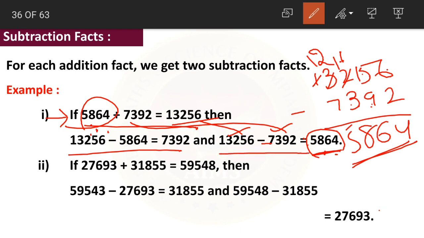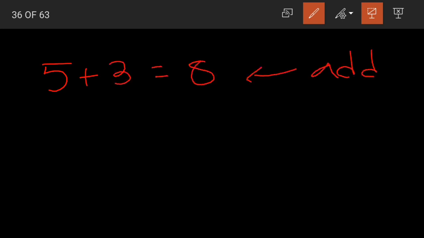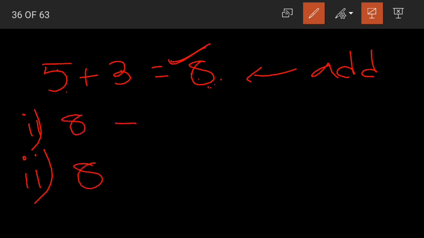Now for this one addition, what did we get? We got two subtractions. Yes, for one addition fact, we got two subtraction facts. See, let me explain this clearly. Now 5 plus 3 is equal to 8. What is this? This is our addition fact. Now we need to write two subtraction facts for it. What will be the first step? To find the larger number. Always the larger number will be the sum. So simply write the sum for both and then put the subtraction symbols.